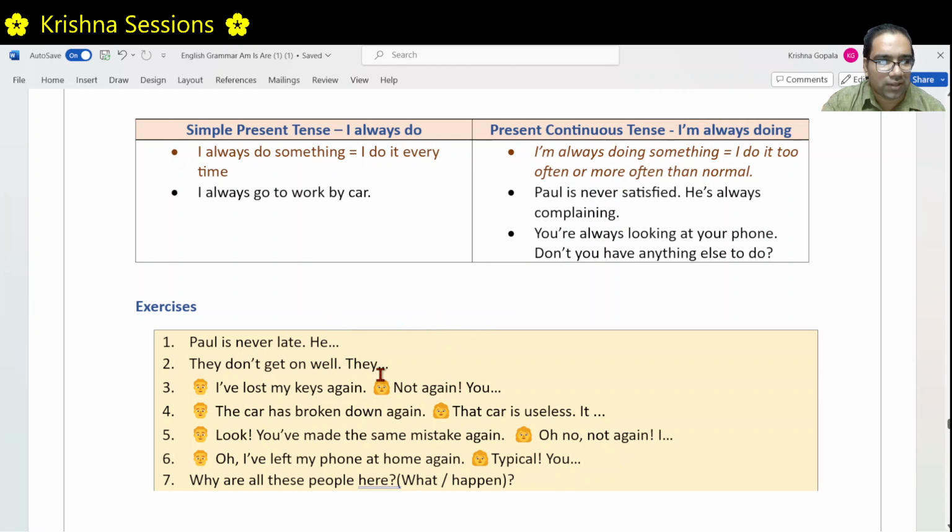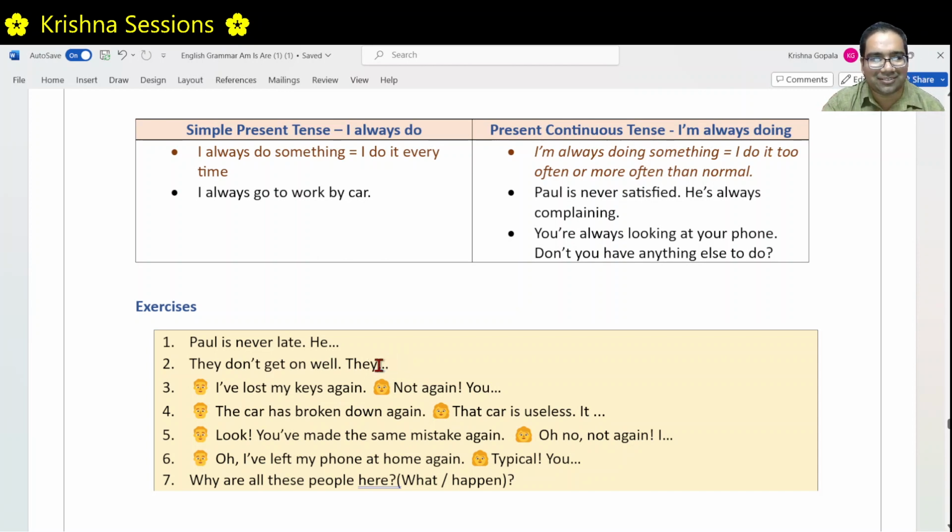They don't get on well, right? We have two options. They always argue or they are always arguing. In this case, we don't mean to say they argue every day from 9 a.m. to 10 a.m. That would sound awkward, right? What we want to say is they don't get on well and they argue more often than what is normal.